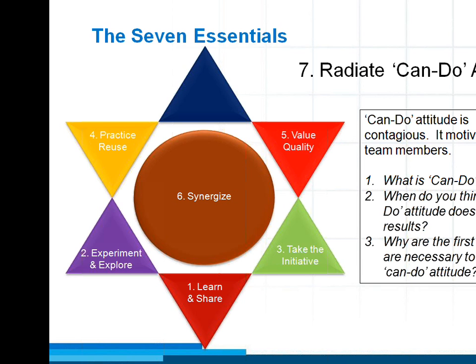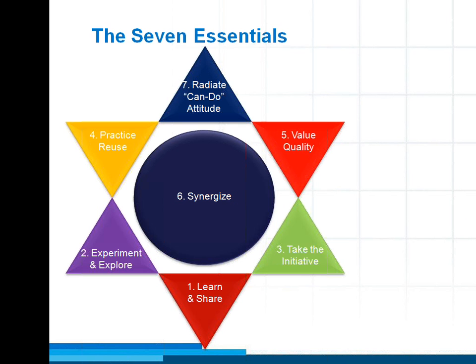So with this note, let me take you through how these 7 essentials or 7 habits are interconnected. And if you see, learning and sharing is where we prepare. We are at a level where we are preparing ourselves.